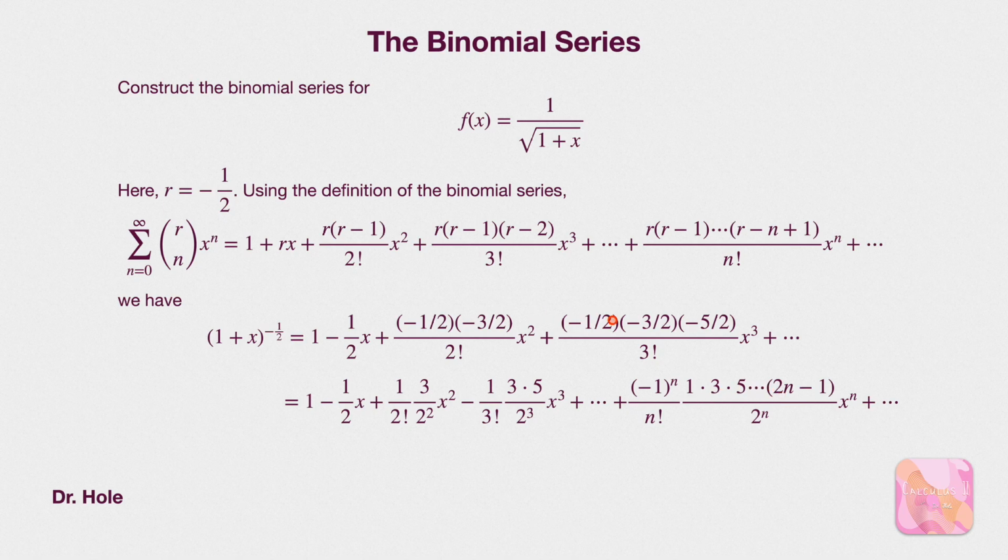Because we're taking these fractions multiplied, how many fractions do we have? We had 3, thus we get a 2 to the third. In the n plus first term, we're going to have n fractions in the top, which means that we can bring a 2 raised to the power n down into the bottom. What about the numerator? Well, it's going to expand out as 1 times the next odd number times the next odd number until you get out to 2n minus 1.